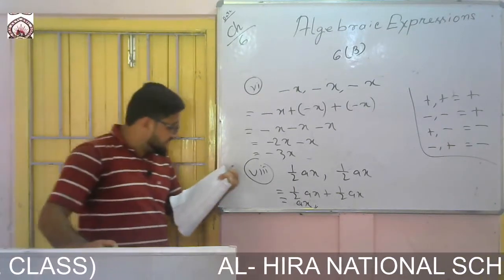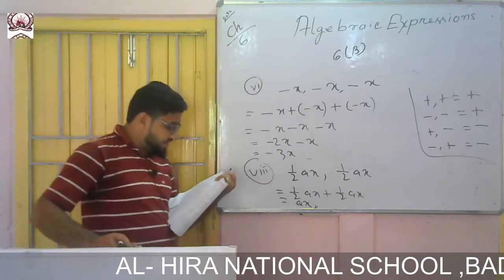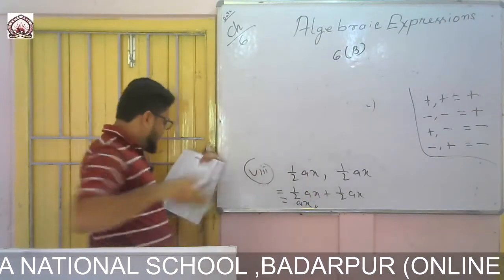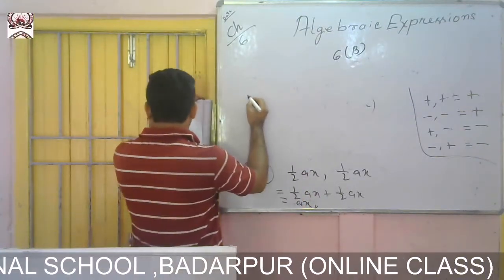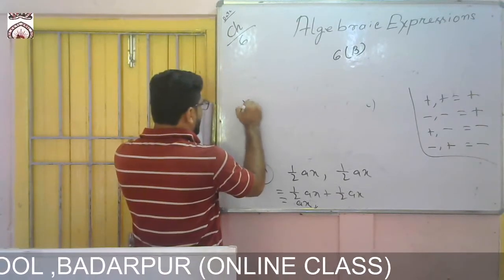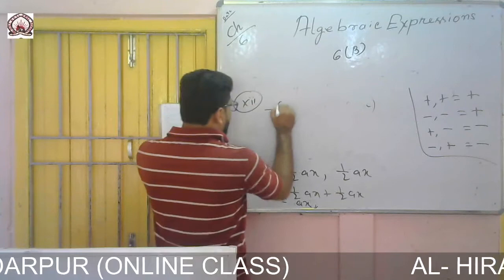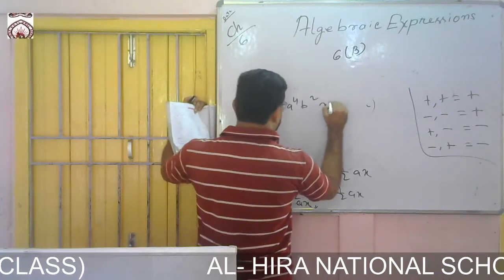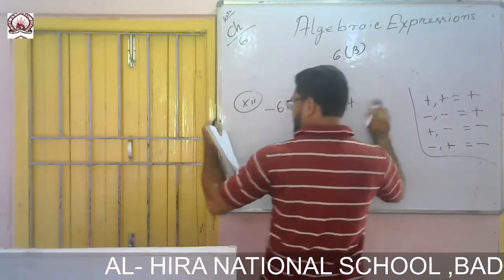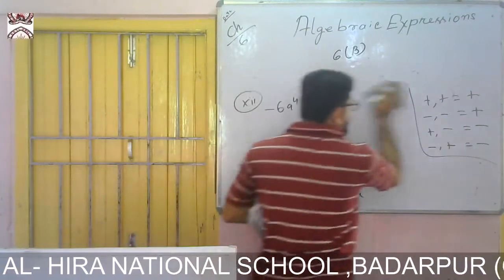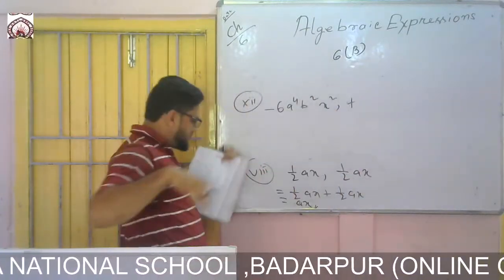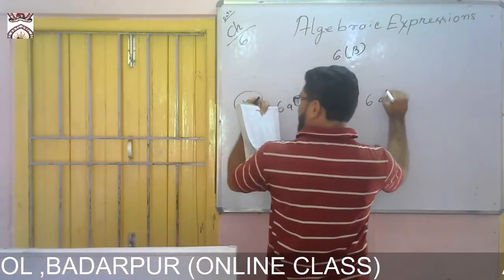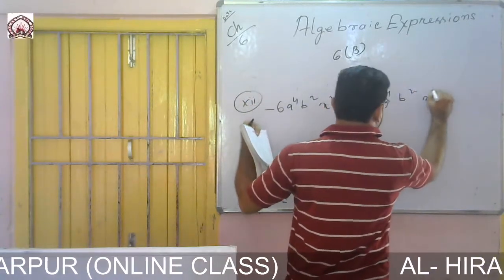Now come to question number 11. Minus 6 a to the power 4 b square x square, comma, plus 6 a to the power 4 b square x square.